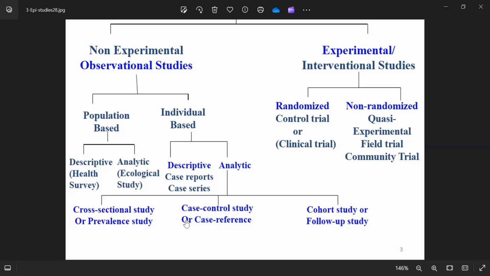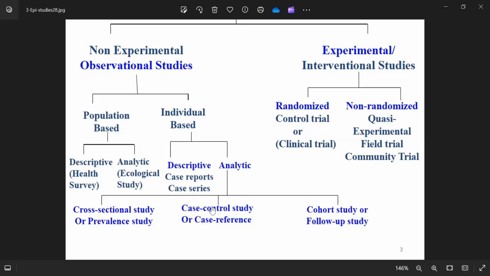The group that has the condition is known as the case, whereas the group that doesn't have the condition is known as control. You are going to have them 50-50. Now, let's use oral cancer as an example. The cases will be patients who have oral cancer, whereas patients who do not have oral cancer are known as controls. So you get them 50-50 in your study.